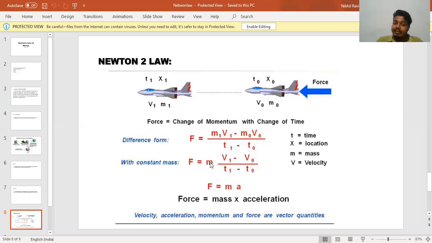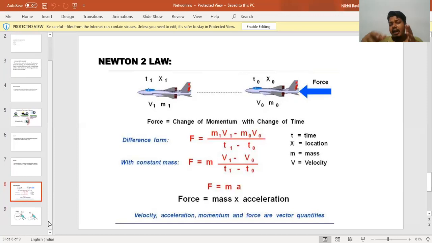So F equals m into a, force equals mass into acceleration. Velocity, acceleration, momentum and force are vector quantities. This is the second law: F equals m into a.